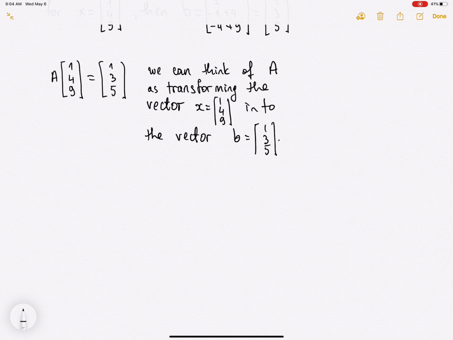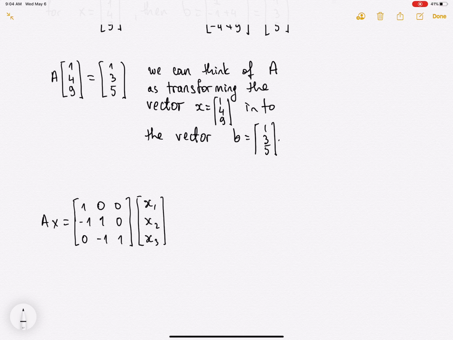So remember, Ax, I'll write the matrix again, is 1, 0, 0 if I write the rows, negative 1, 1, 0, 0, negative 1, 1, times the vector x1, x2, x3.